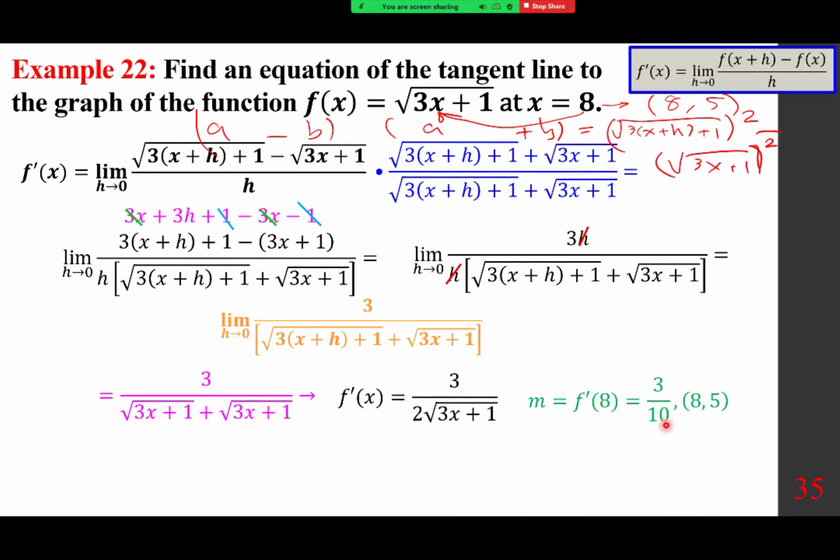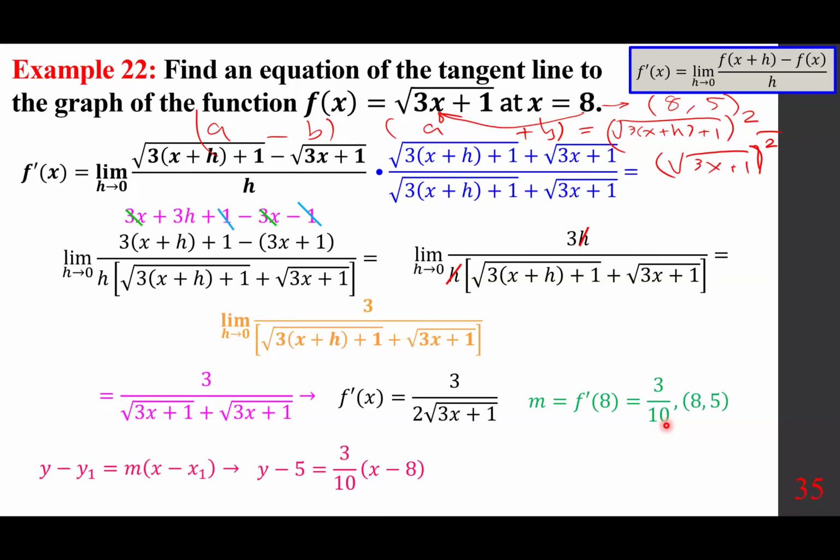So y minus y1 equals m times x minus x1. Therefore, y minus 5 is 3 over 10 times x minus 8. If you distribute, you get 3 over 10 times x minus 3 over 10 times 8, 24 over 10, that's the same as minus 12 over 5.